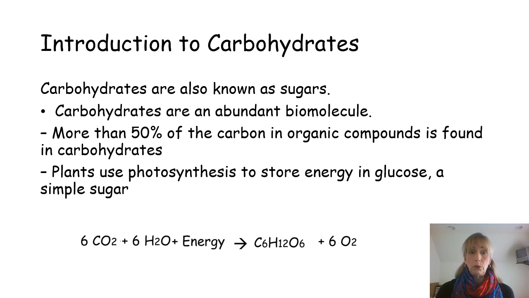Plants use photosynthesis. The equation for photosynthesis you see below. They use it to store energy in glucose. Glucose is, of course, a simple sugar. So this is an equation that you remember from your days in grade school science, probably.